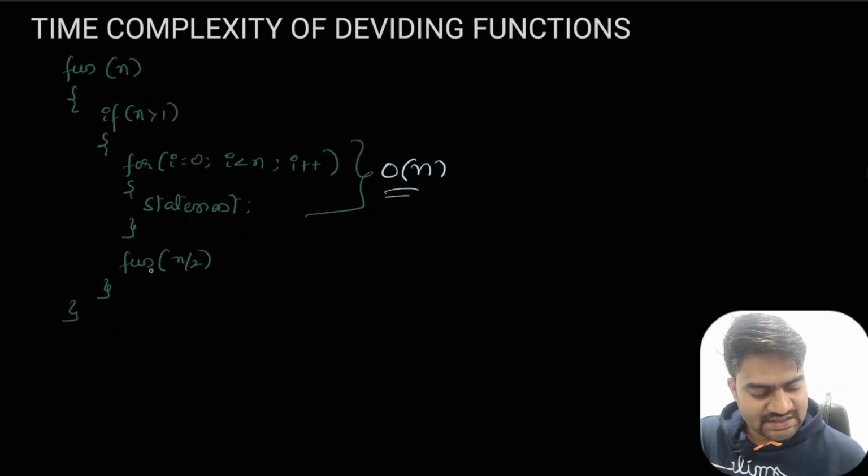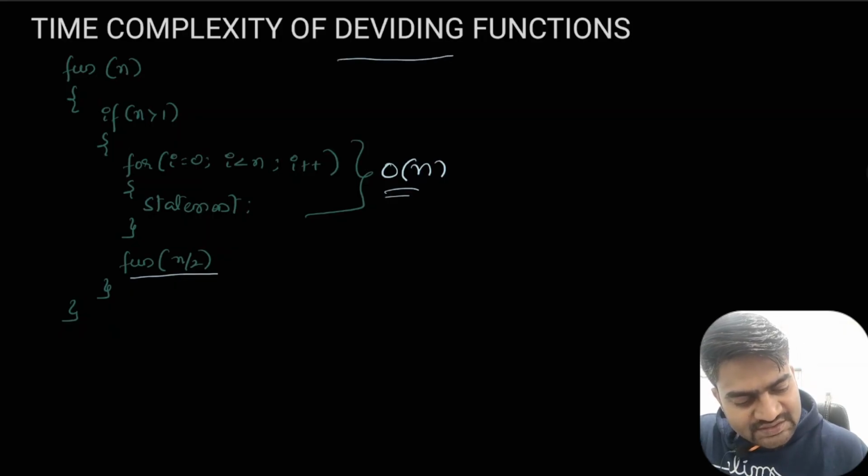Then it divides the input by 2 and calls the same function. So basically it calls itself. That's why it is called a recursive function. In this case, how do we find the time complexity for such algorithms?